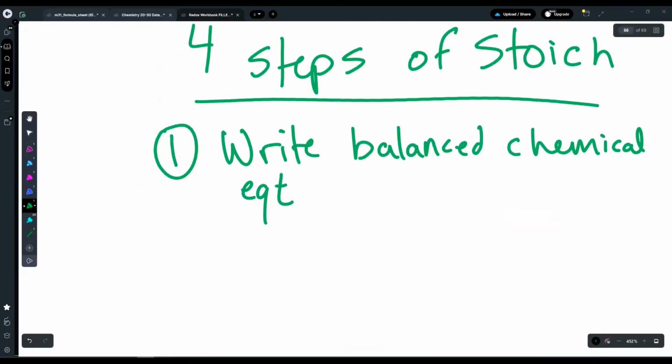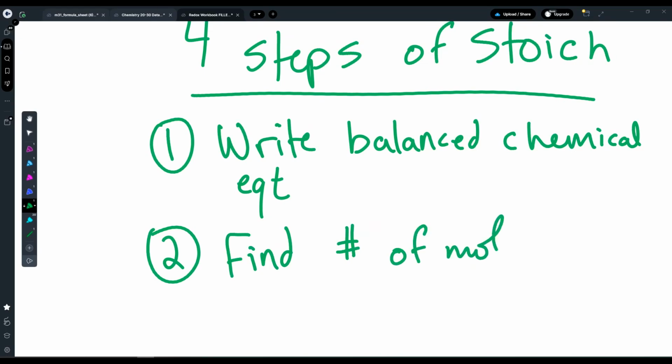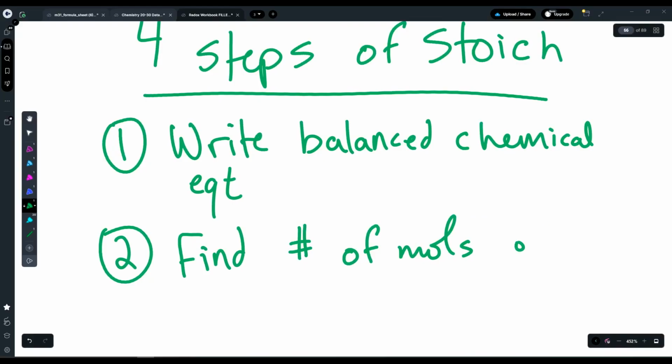I'm going to abbreviate equation to EQT. Step 2, you need to find the moles of your given substance. That means whatever you have the most information given for, that's your given substance. So find the number of moles of your given substance.